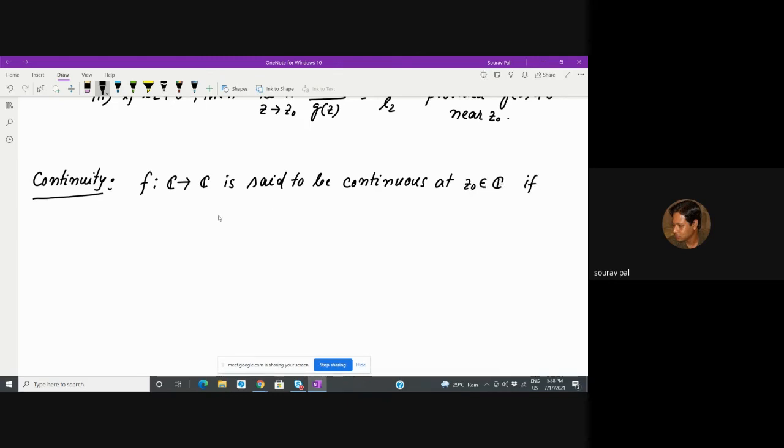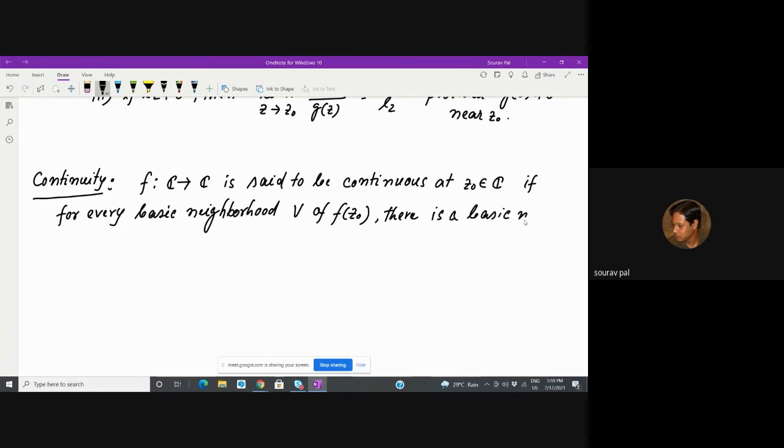If for every basic neighborhood V of f(z0) there is a basic neighborhood U of z0 such that f(U) is contained in V. We'll know this definition, right?